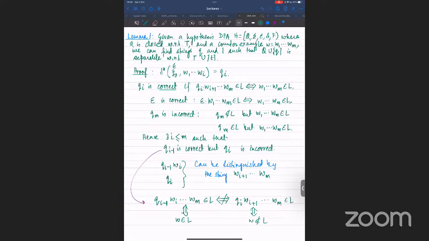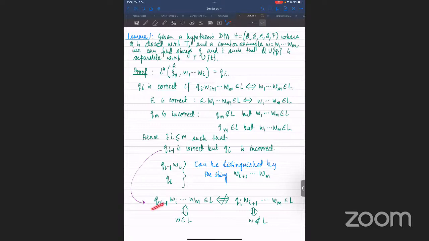It's okay? Okay. So now, if this is the thing, then this was correct, this is incorrect. So if this belongs to L, then this cannot belong to L, and vice versa. Okay?